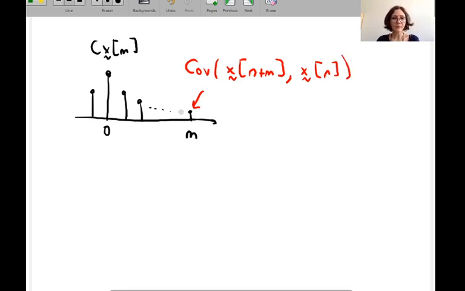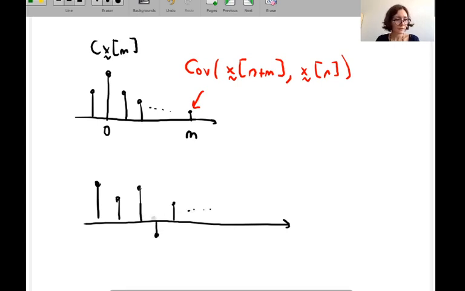If you want to relate this to the original random process, I'm just talking about an arbitrary random process here. So I'm just drawing some random process x of n. Let's say that we have some sample x of n here.